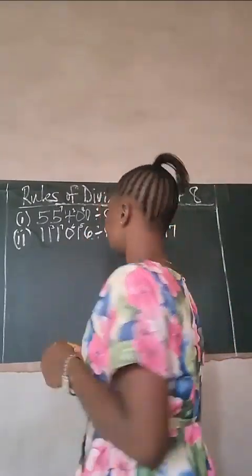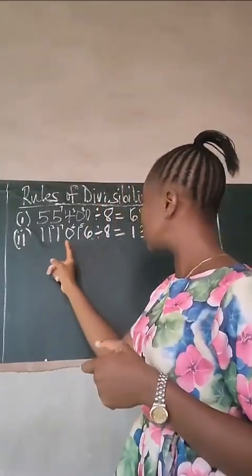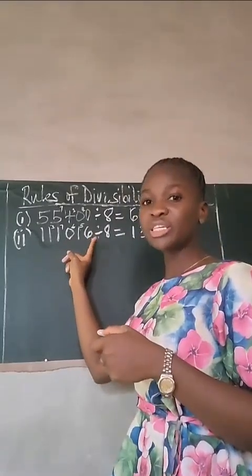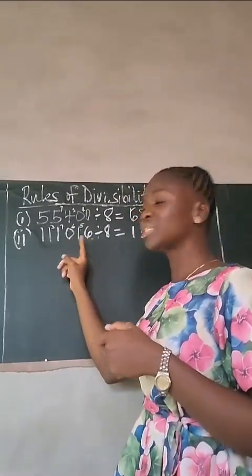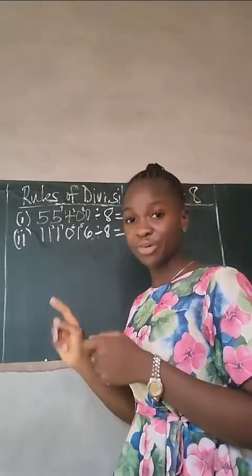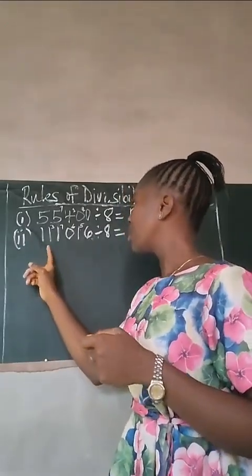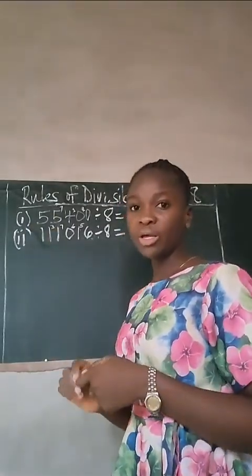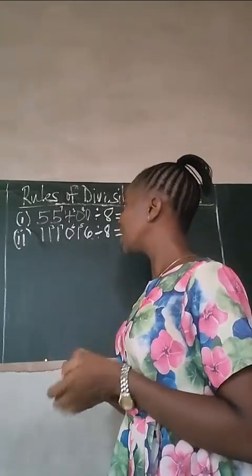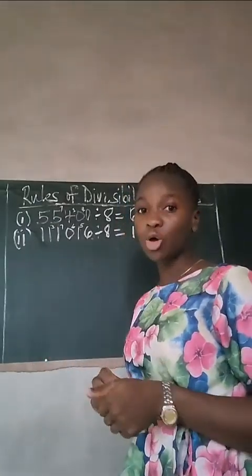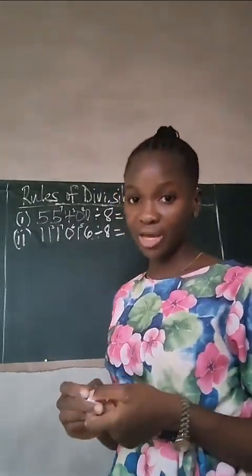So we can see that because the last 3 digits of this number are divisible by 8, therefore this number as a whole, 111,016, will also be divisible by 8.